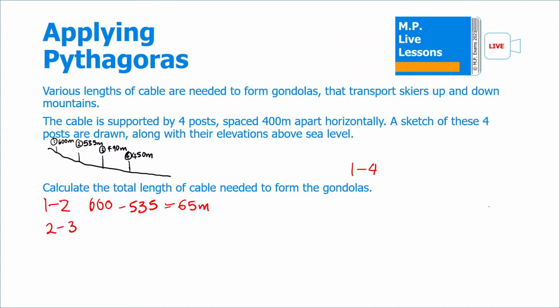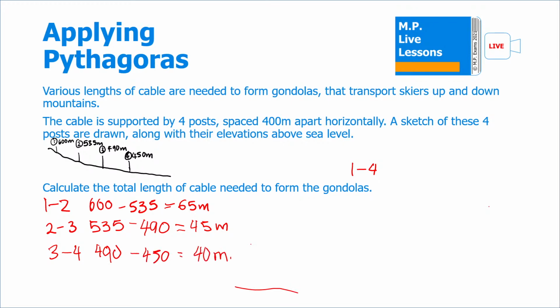Post 2 to 3, that would be 535 minus 490. This is 45 meters down. And the final distance elevation change is 490 meters to 450 meters. That's just 40 meters.